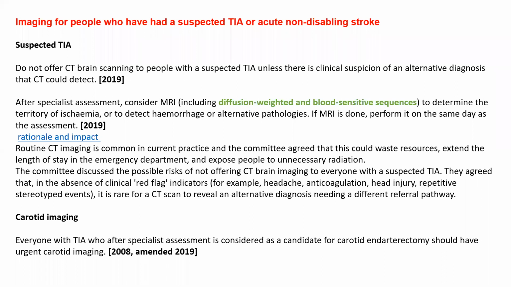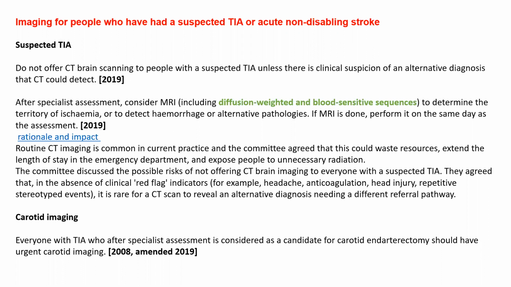According to these NICE guidelines, don't offer CT brain for people with suspected TIA unless there is clinical suspicion of an alternative diagnosis that CT should detect. So no need to do CT brain for a patient with symptoms that resolve within 24 hours, suspected TIA.